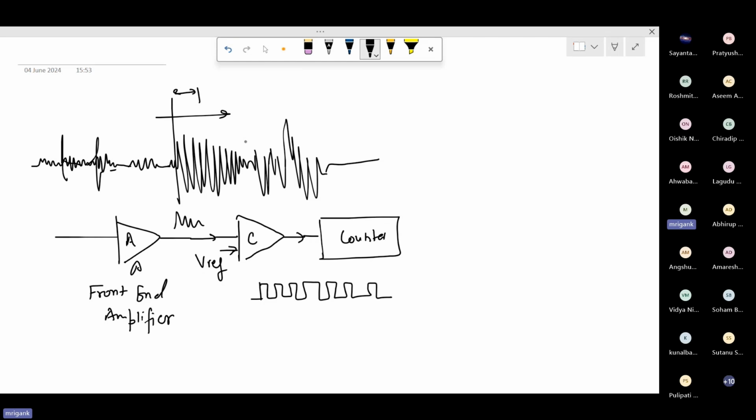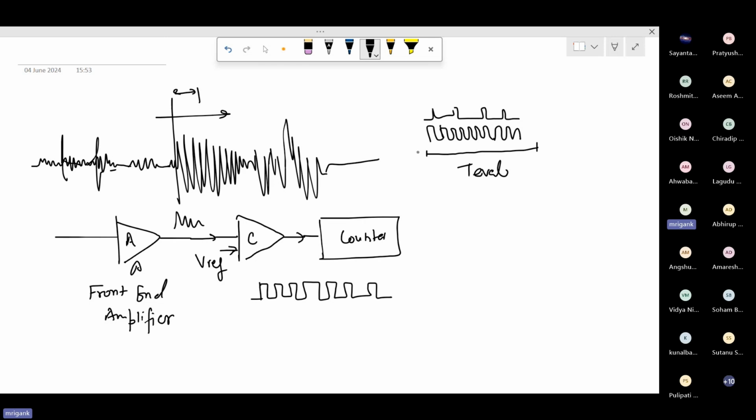You need to count for a certain duration. You have to fix that duration, say an evaluation time T eval. Within a certain duration T eval, if the number of pulses is greater than some value. So in some cases you're getting very few pulses here and there versus you're getting too many pulses.